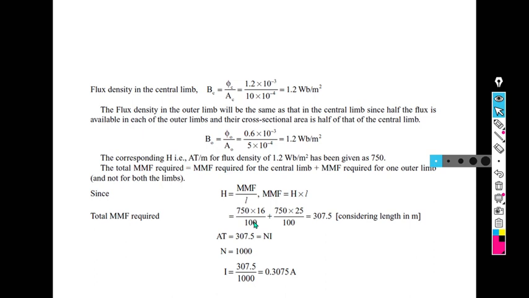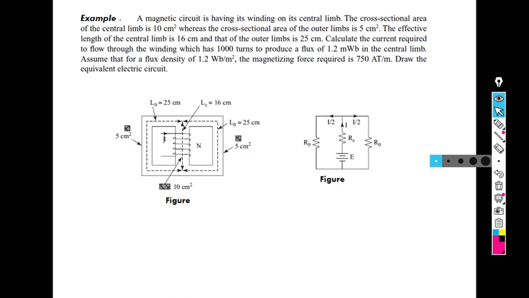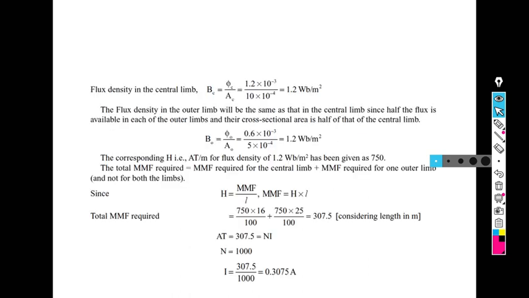Why is 1000 used? Because L is 25 centimeters. Okay, so 16 centimeters converted to meters, so they have divided by 1000.